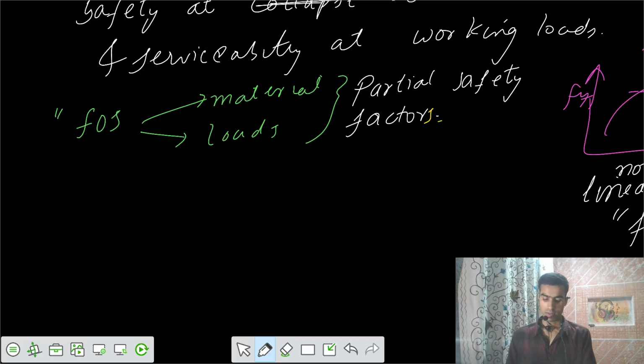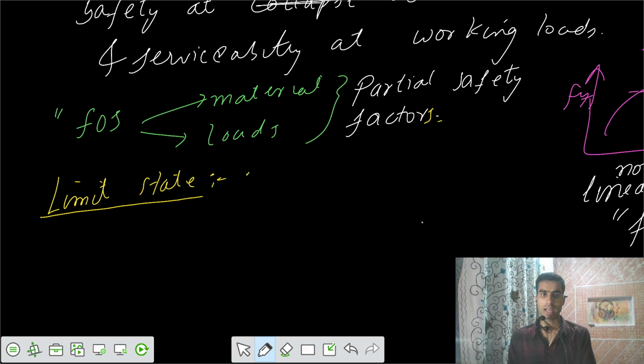Partial safety factors. So it says that if your limit state is there, that means some state in the structure has occurred. If this limit state occurs, that means the structure is not fit for use now.